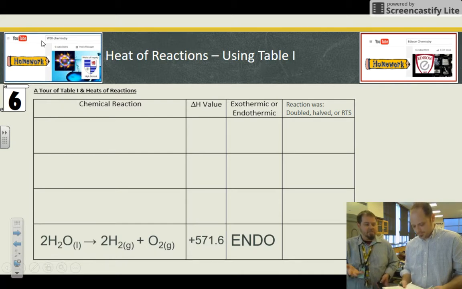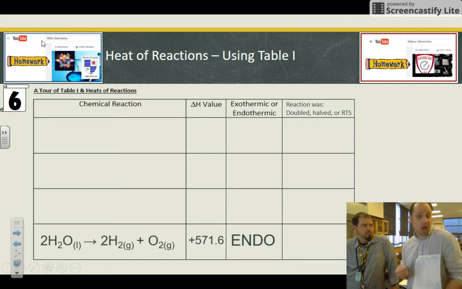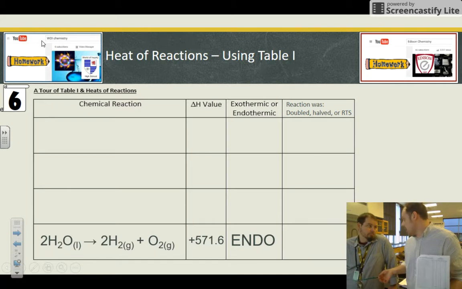You got that down, and you got this whole lecture down, and we're good to go. That's one entire reference table, a list of chemical reactions to tell you if they release energy or absorb energy. And then the number tells you if it's a lot or a little bit. A big number is a lot of energy. A little number is a little bit of energy, relative to each other.